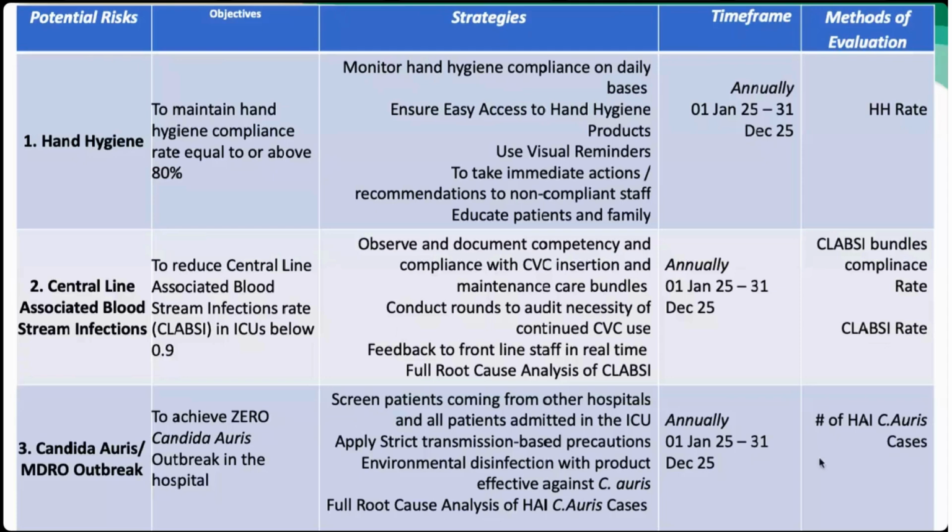And in the case of Candida auris, to achieve zero Candida auris outbreak in the hospital, what we can do to accomplish this objective is to screen patients coming from other hospitals and all patients admitted to ICU, apply strict transmission-based precautions, perform environmental disinfection with a product effective against Candida auris, and do a full root cause analysis in case of hospital-acquired Candida auris cases.